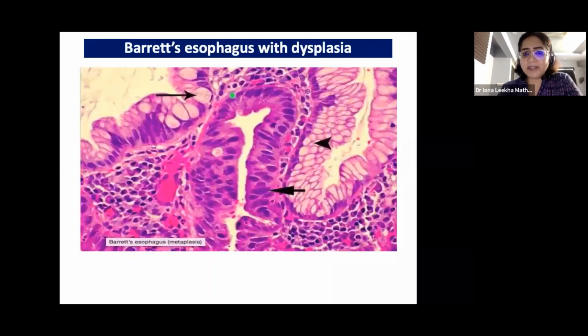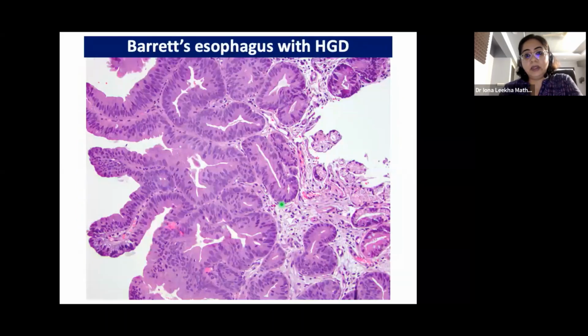The cells are haphazardly arranged, with atypia of the nuclei. This biopsy shows both cytological and architectural atypia. It is thrown into villiform projections, there are irregular glands, and at the cytological level you see atypia of the epithelial cells. So this is Barrett's esophagus with high-grade dysplasia.